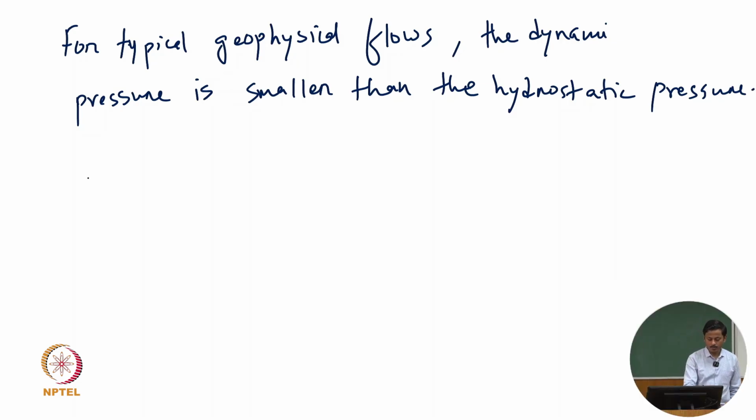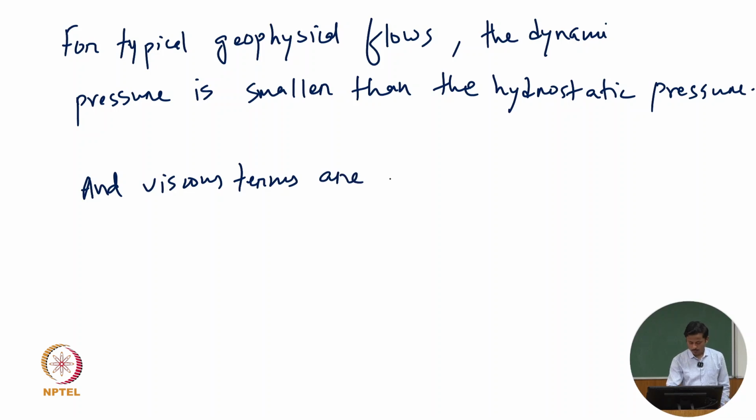And the viscous terms are also small. This I am saying in a more general sense. The viscous terms are important near the boundary layers, and we'll see how the importance of viscosity manifests itself as a driving force in changing the dynamics of the ocean or the atmosphere near the boundaries.